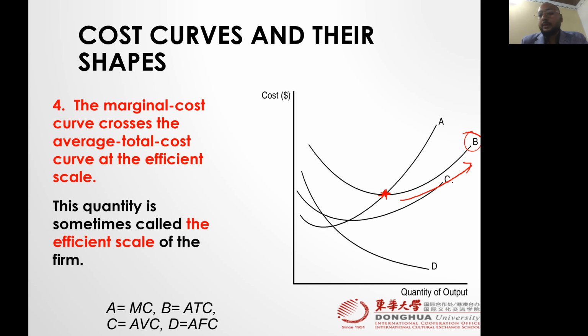All right. So the bottom of the U-shaped average total cost curve is called efficient scale. Beyond efficient scale, your average total cost is rising. Right hand side of the efficient scale, average cost is rising. Left hand side of the efficient scale, average total cost is decreasing.